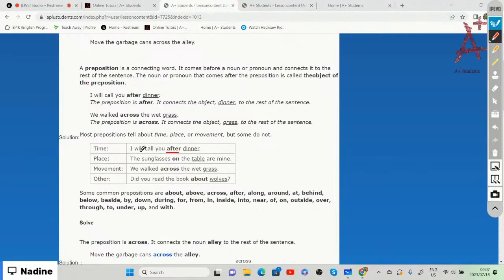You can say on, under. So in this case, it is on. The preposition that indicates place is on, because the sunglasses are laying on the table. Table is the object, and the preposition on connects the object, which is table, to the rest of the sentence.